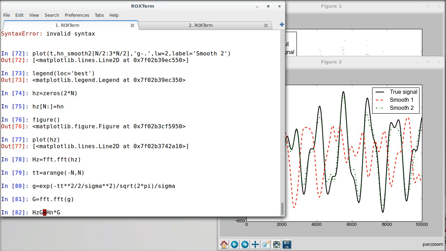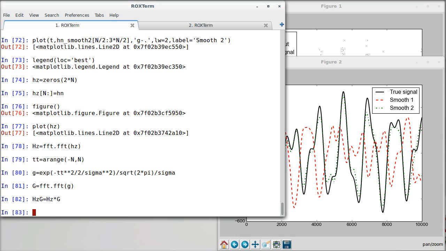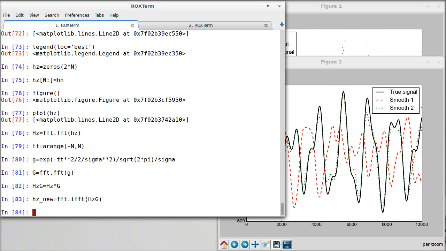Now we'll call this hzg, which is hz times g. Again, these are now zero padded. Finally, let's call it new. Take the inverse Fourier transform of this, and this should be our signal, doing this convolution via the Fourier transform by hand, but now with zero padding.